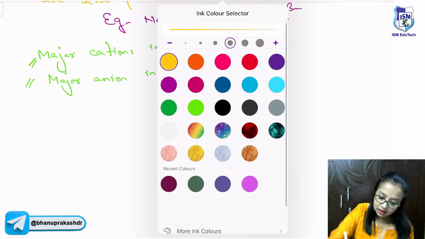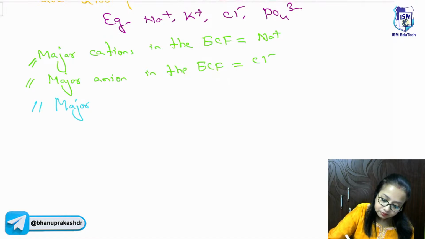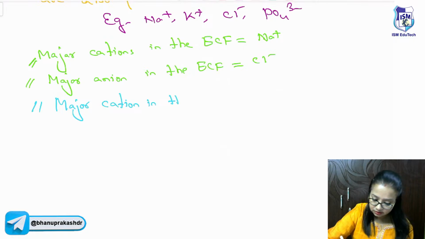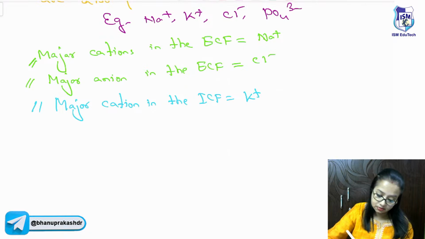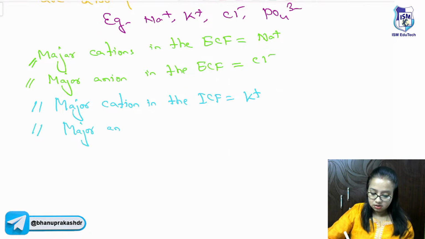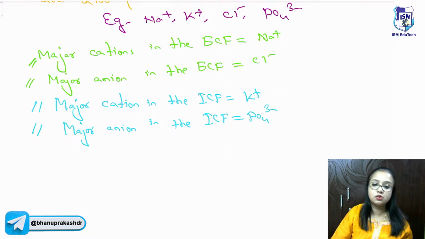Coming to the ICF, the major cation in the ICF is potassium, and the major anion in the ICF is phosphate.